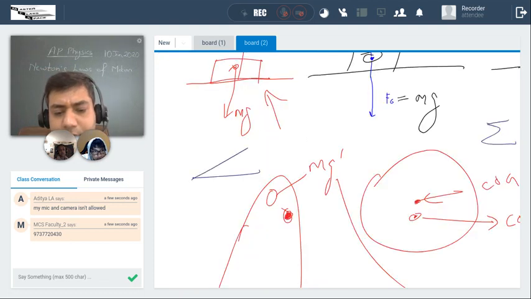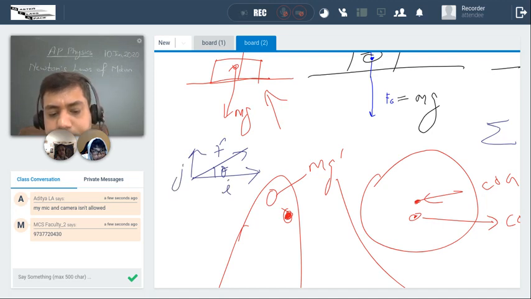So, for example, this is a body. If F is acting at angle theta, tell me one thing. What is going to be the i component and what is going to be the j component? Come on, my dear friends. What is the i component equal to?